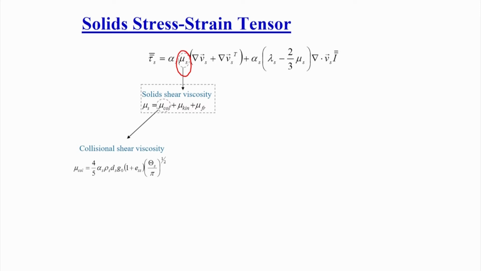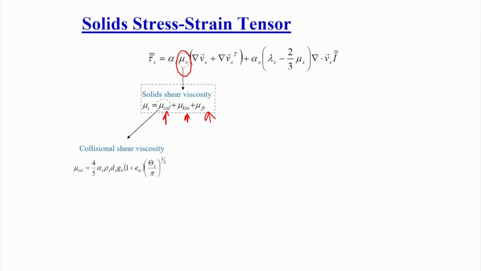We are trying to see what resistance force will be there if the solids are moving. The resistance will mainly be because of collision, because of kinetic energy, and because of friction. These three will be there.